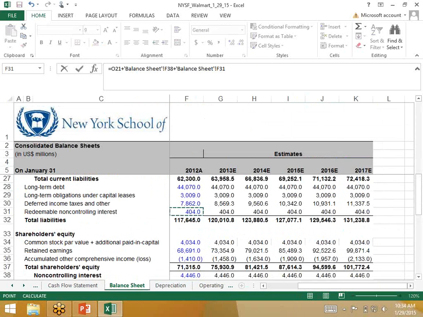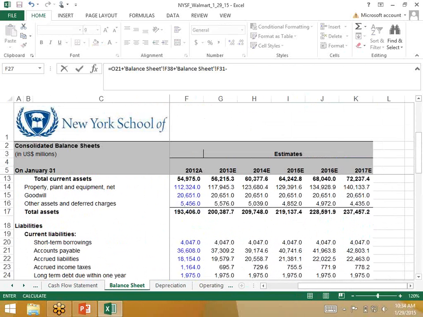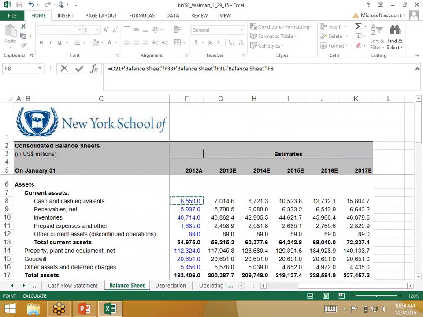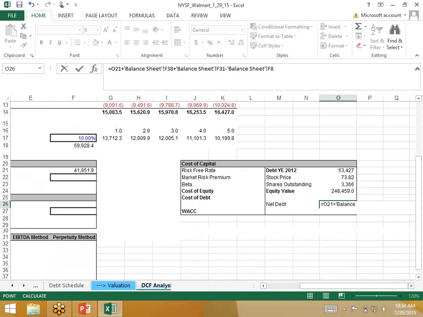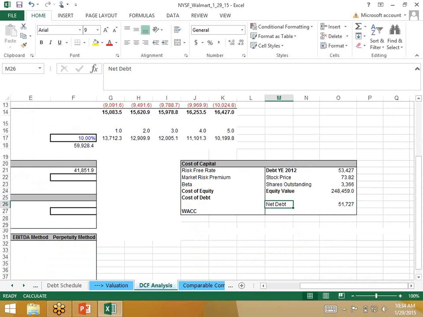Don't forget redeemable non-controlling interest, minus cash.